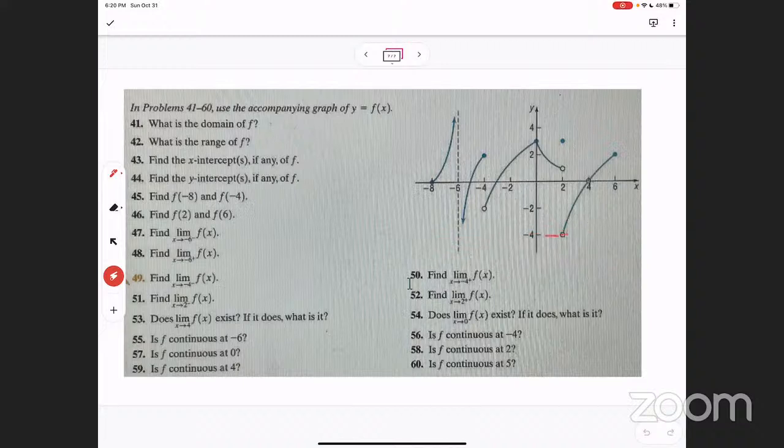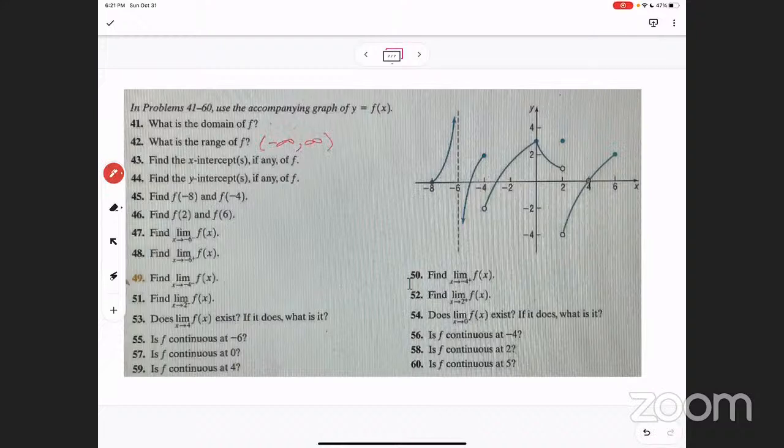Even though there's a hole there, look at how this one goes down forever. So that is not excluded. -4 is not excluded. In fact, the range is all real numbers. I can tell you that right away, because I can see that this is going down forever and this is going up forever. So when I'm scanning, I'm always going to touch a part of the graph. Even though there's holes in certain places, there's a whole bunch of places that it could be touching. So the range is all real numbers.